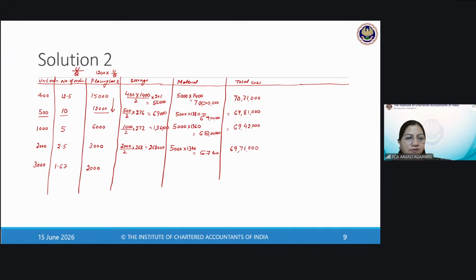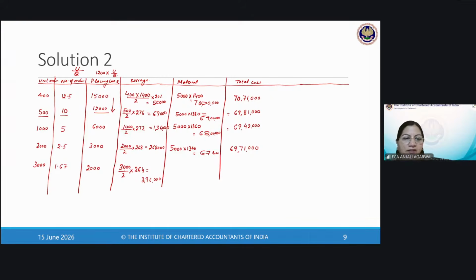If we order 3,000 units, 2,000 would be the placing cost, and 3,000 divided by 2 on an average 1,500 units, each costing 264 per unit per annum. So 1,500 is held into 264. Your storage cost will again increase to 3,96,000. So you can see that the storage cost is rising significantly.